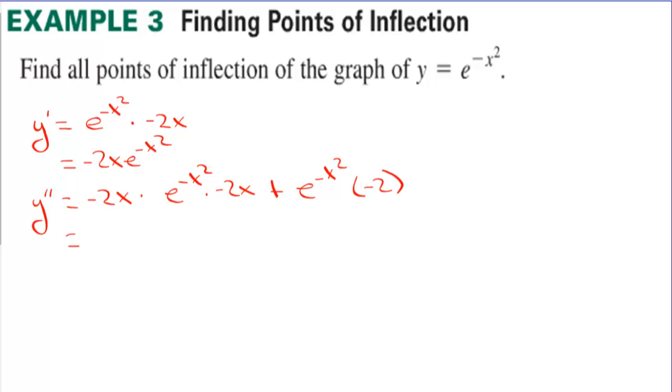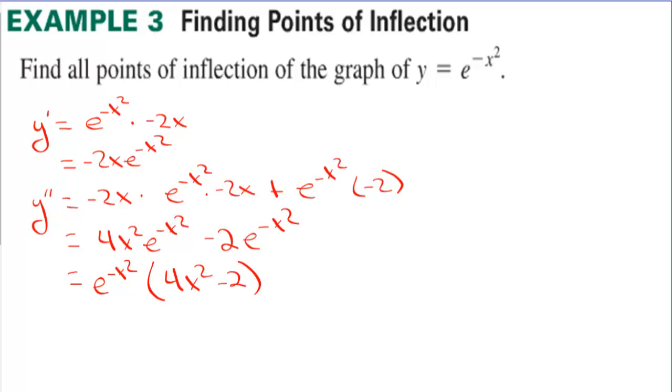Now this is equal to 4x squared e to the negative x squared minus 2e to the negative x squared. Well, we can factor an e to the negative x squared out of this and get 4x squared minus 2.